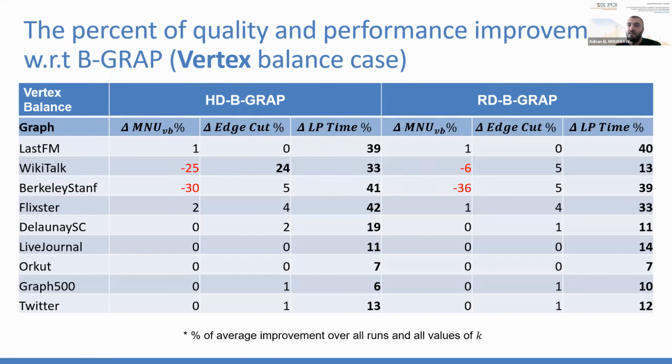As you can see, in particular for the label propagation time, we have a high reduction gain over all the graphs. Regarding the edge cuts, it's almost stable. We have also some improvement on some graphs, and a few exceptions on two graphs regarding the balance.